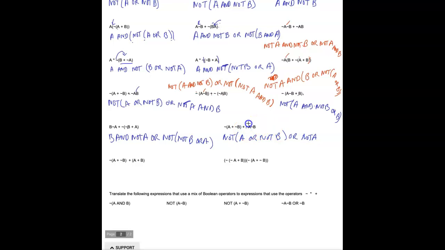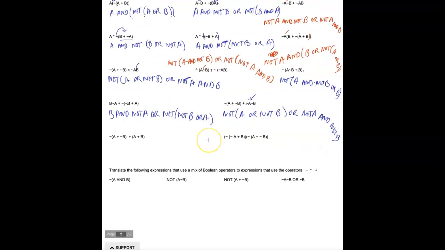We have that not, which goes with the A, being multiplied with A not B. So here you easily see that that not, according to order of operations, only goes with the A. You do not add an extra set of parentheses there. And this one, not, parentheses, A or not B. Sorry, a little sloppy.